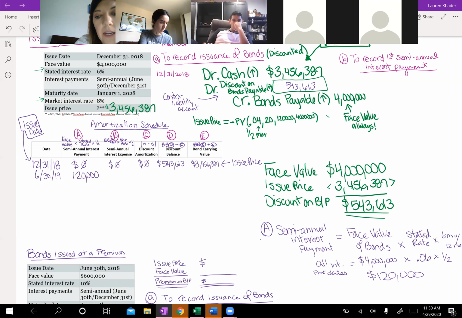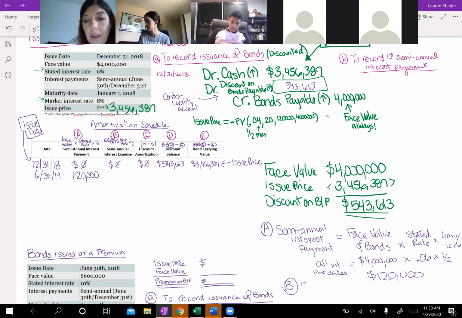For column B, it's slightly different. The amount of interest expense that we're going to incur is also going to include amortization of that discount. So we're going to slowly be increasing the amount of interest expense that we're going to record as those bonds mature. Because over time, this discount balance needs to go to 0.